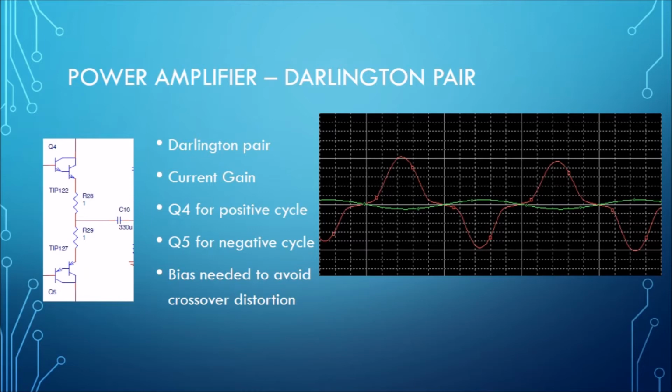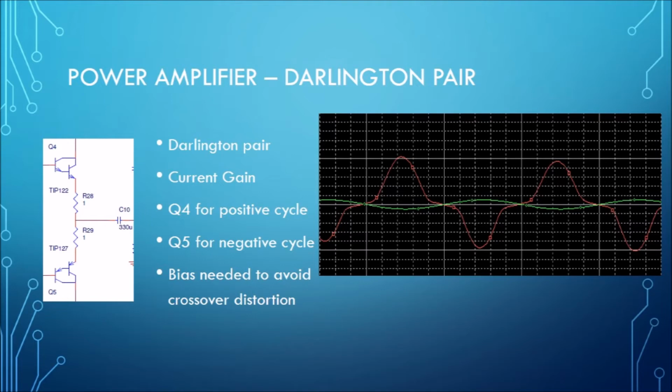The next part of the power amplifier was the Darlington pair. The Darlington pair consists of two Darlingtons, each set up in a common emitter setup. As you can see, one of them is an NPN, which is labeled Q4 in the schematic on screen, and one of them is a PNP labeled Q5 in the schematic.